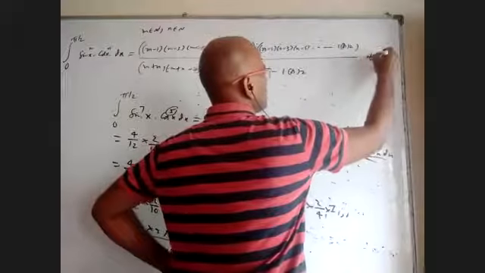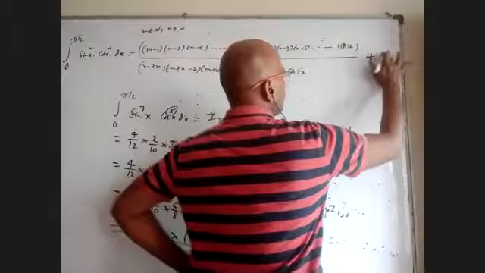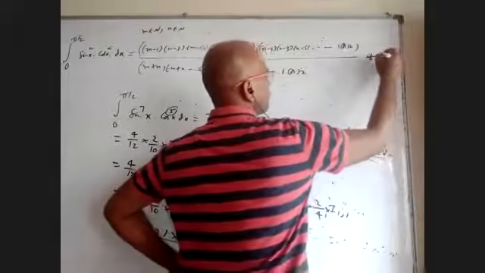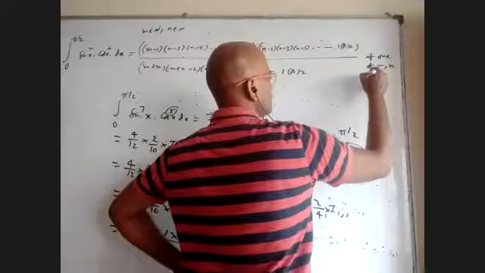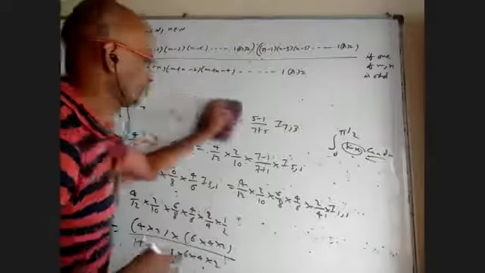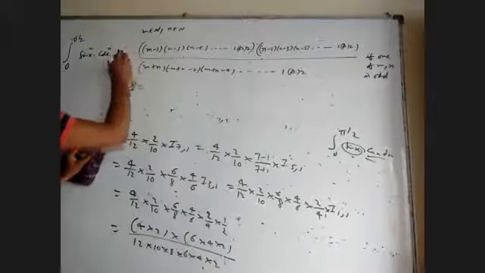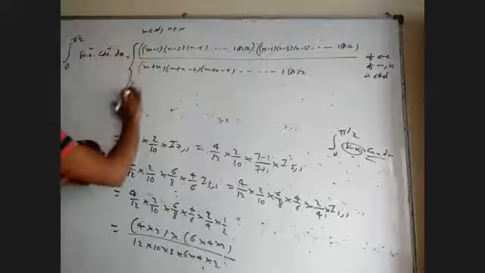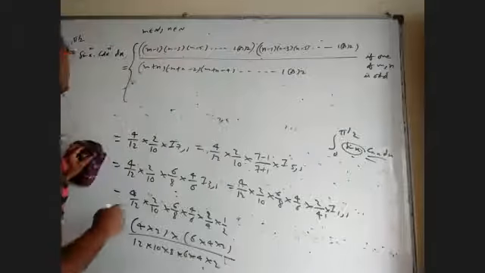This is if one of them is even, one of them is odd. If one of m comma n is odd, both are odd, or only m is odd, or only n is odd, this is the formula.